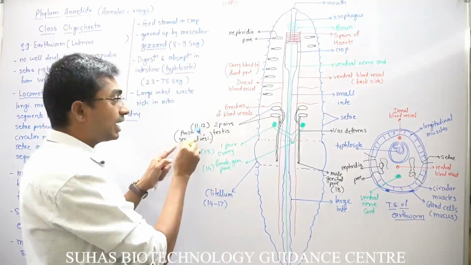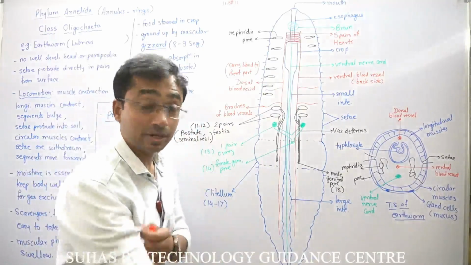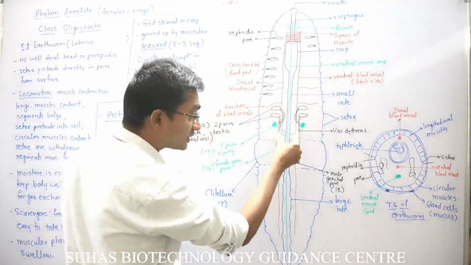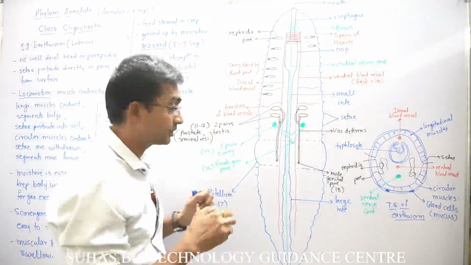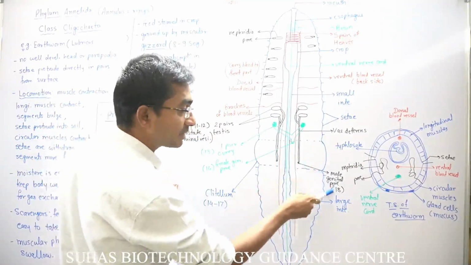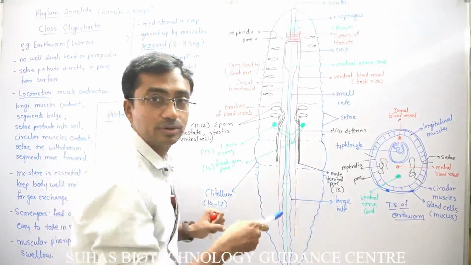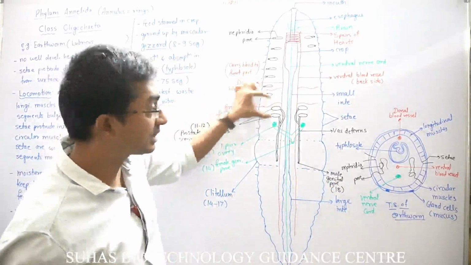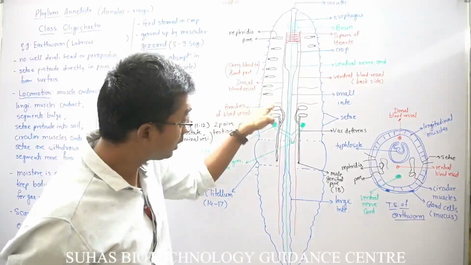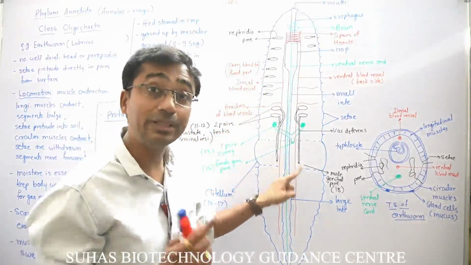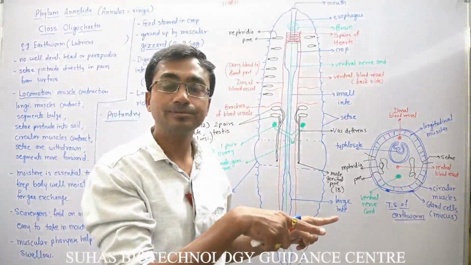Testes are present on the 11th and 12th segment generally, but the vas deferens, which will carry the sperms, will open on the 18th segment where there is a male genital pore. So though the testes are present on the 11th and 12th segment, the long vas deferens will open in the form of male genital pore in the 18th segment of their body.